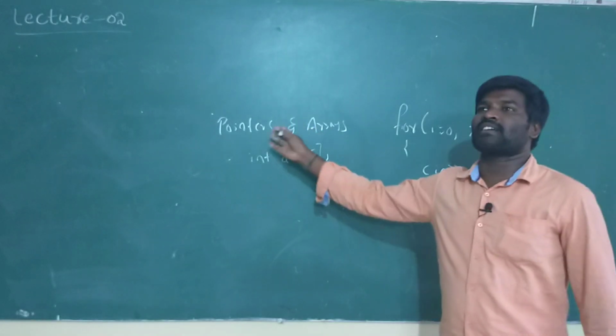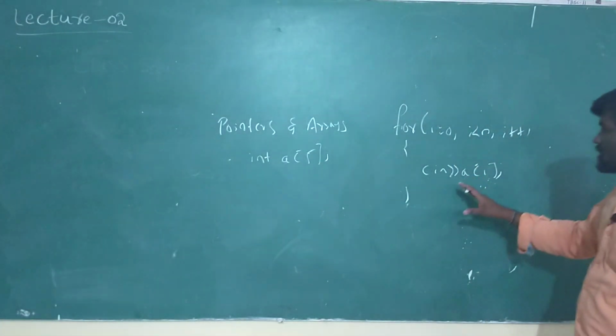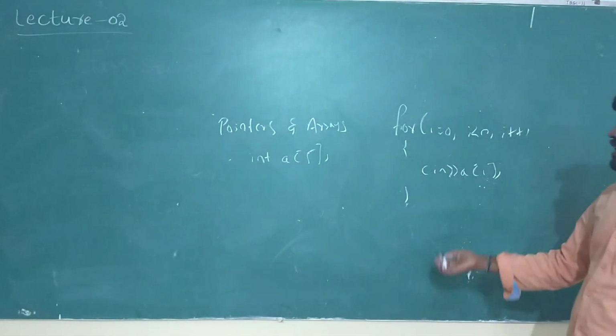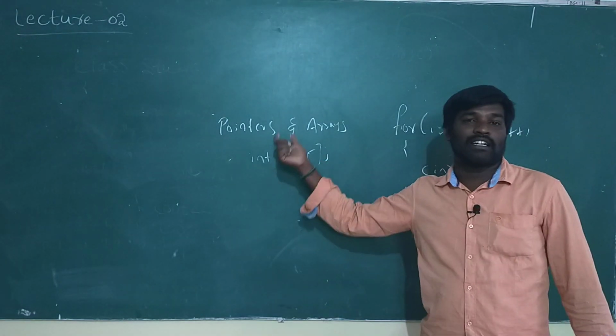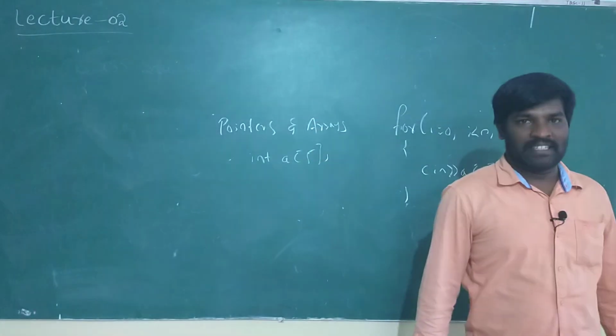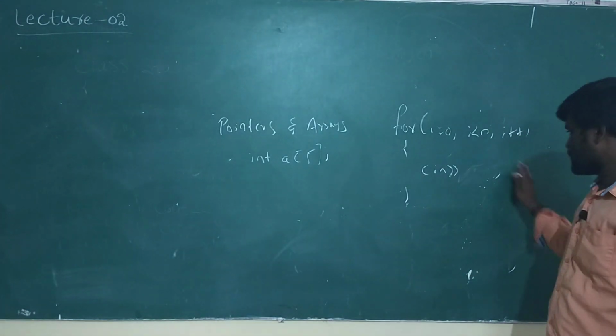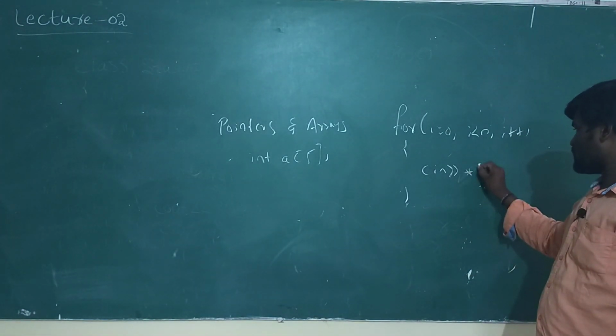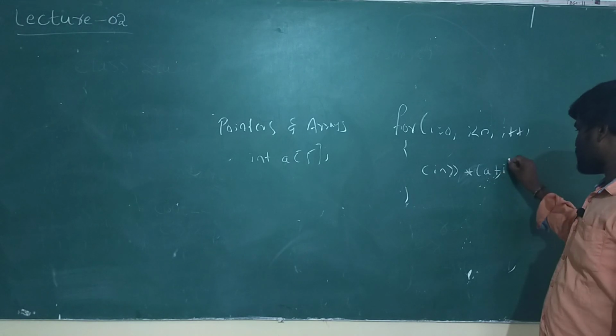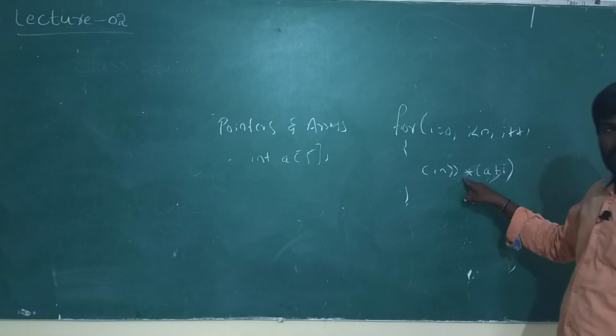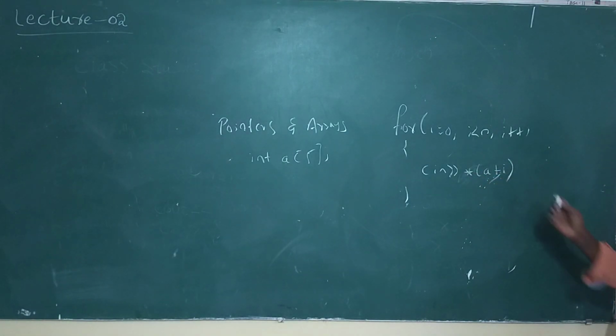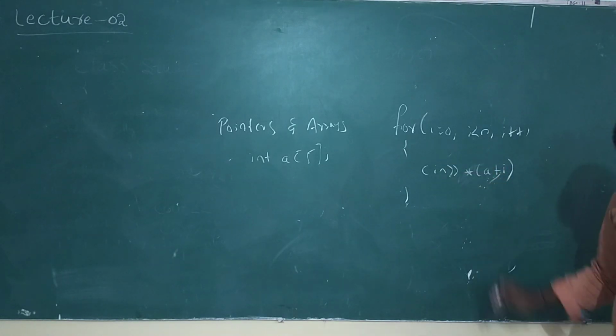Suppose it is pointers and arrays, then at the time of reading the array elements, automatically a is converted to the pointer variable. So that is cin >> star of (a plus i). With the help of star in the bracket of a plus i is used to read the array elements.